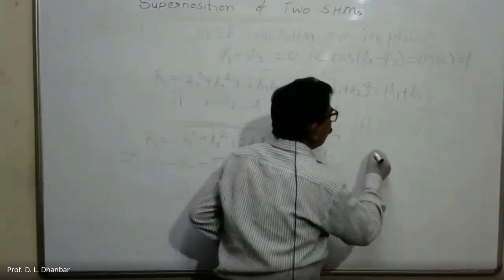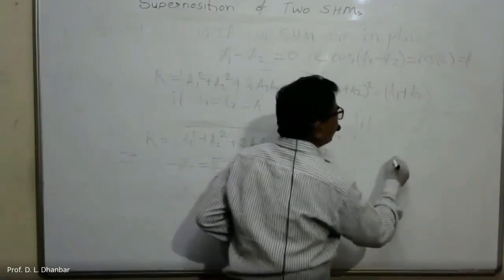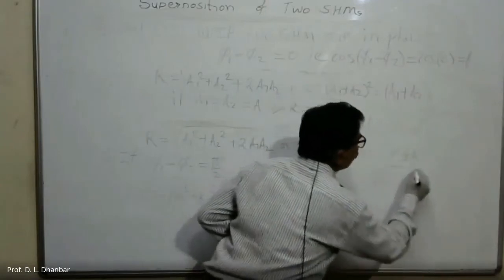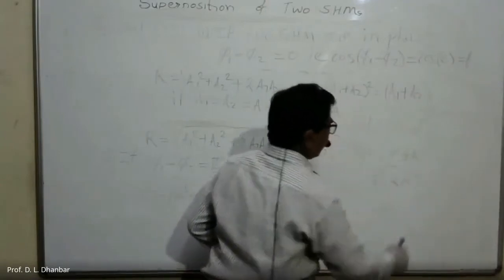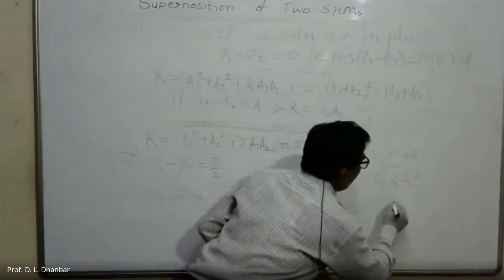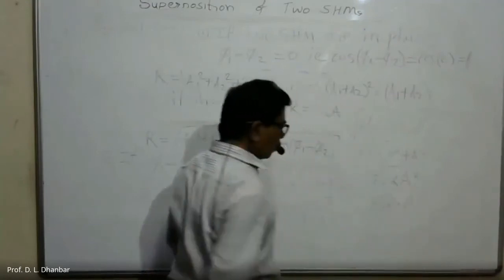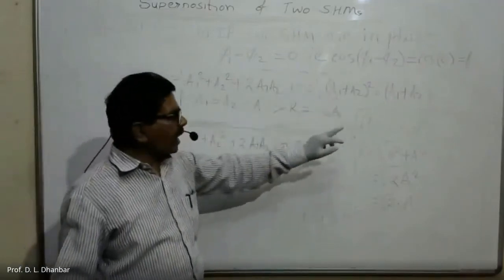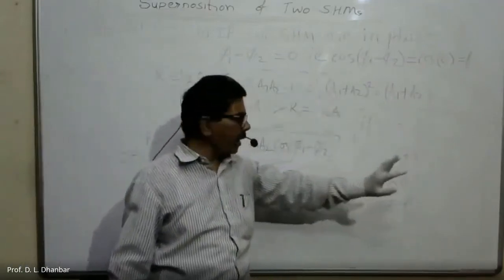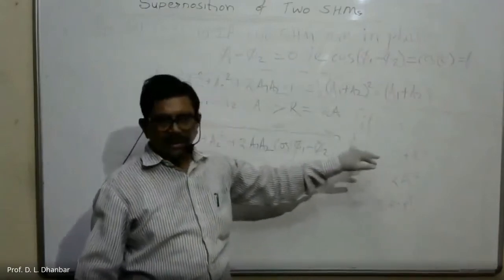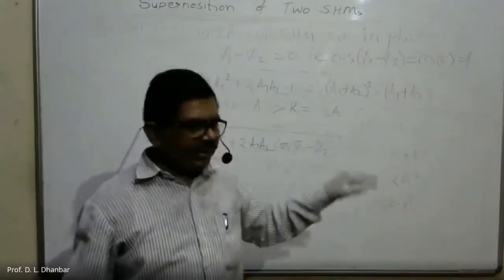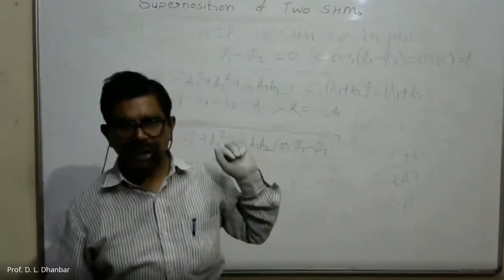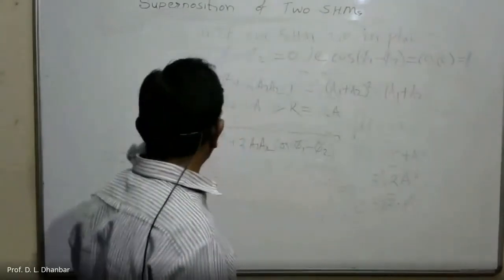Capital R is equal to under root A square plus A square, which is equal to under root 2A square. This is equal to root 2 times A. Means if both the simple harmonic motions have the same amplitude A, the resultant amplitude of the resultant simple harmonic motion, capital R, is equal to root 2 times A. This is our second condition.